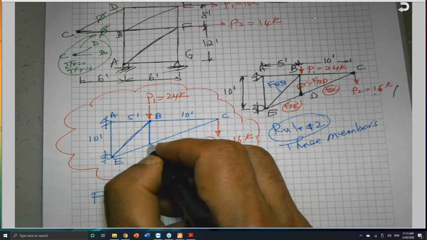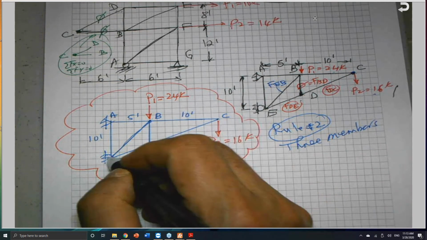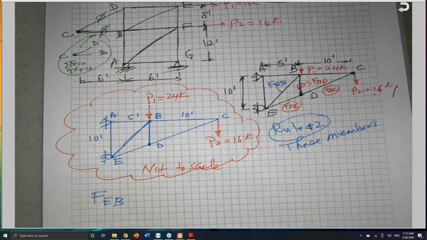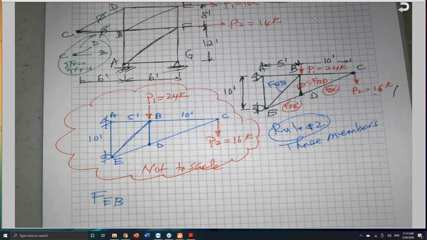So we need to find the easiest and the quickest way to find the force in the member EB or BE. If I remember this relationship between these three members, based on rule number 2, I will say, okay, this is 0.